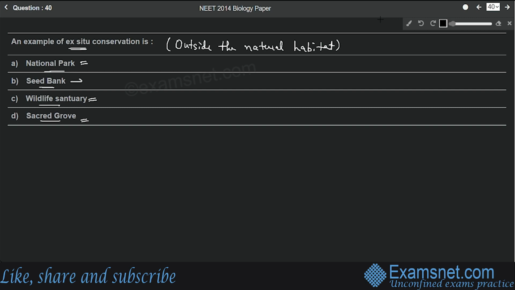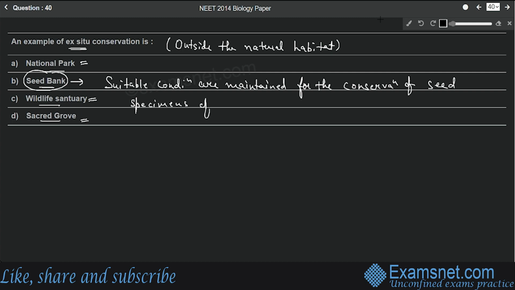But seed banks are located outside the natural habitat where suitable conditions are maintained for the conservation of seed specimens of different plant species.